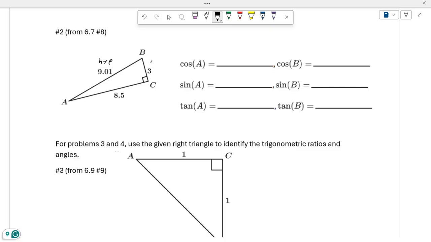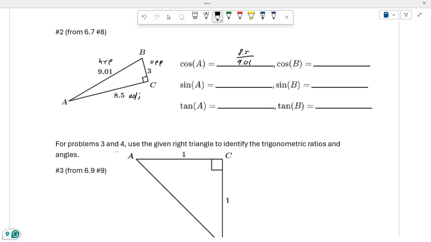For angle A, 3 is opposite, and 8.5 is adjacent. Like I said, the definition for cosine is CAH, so it's adjacent over hypotenuse. Adjacent in this case is 8.5, and my hypotenuse is 9.01.